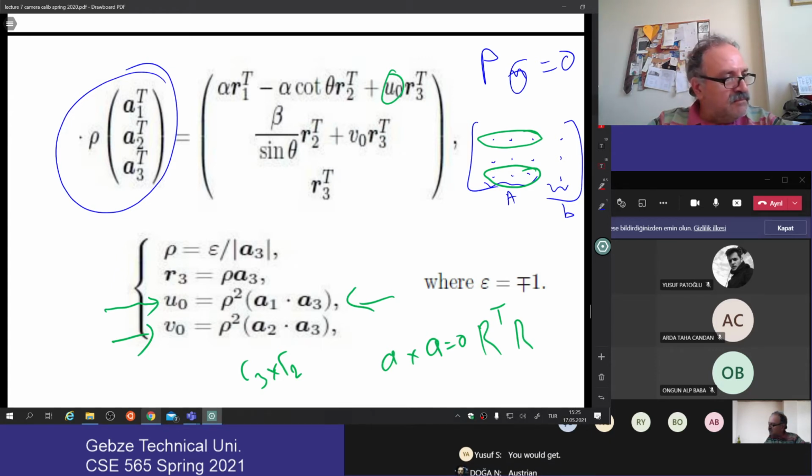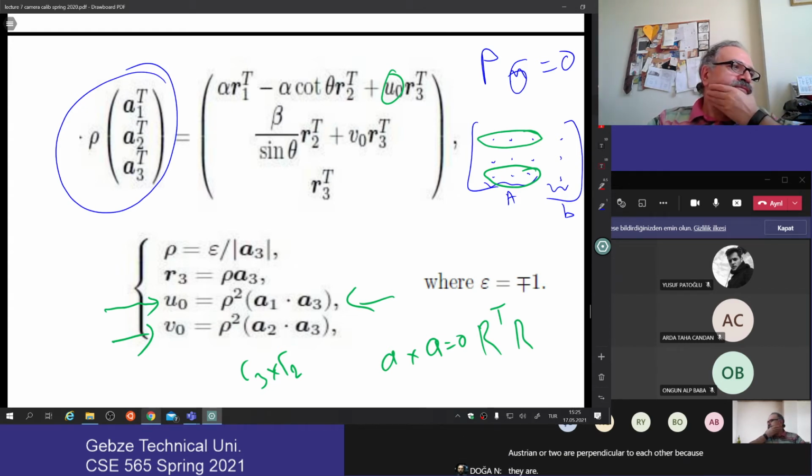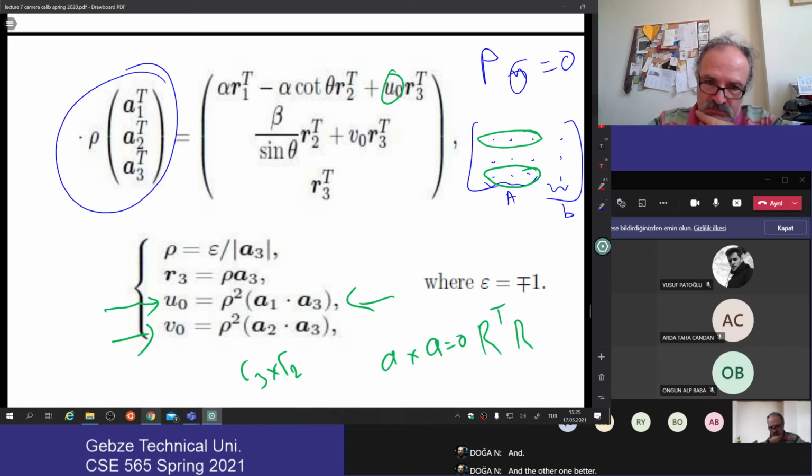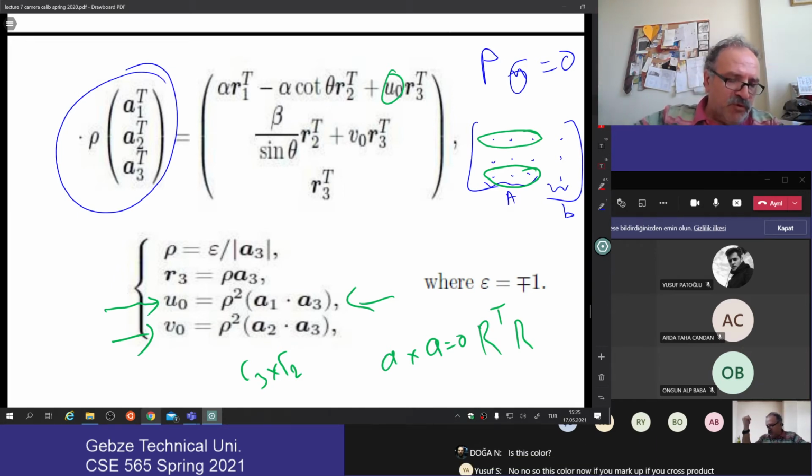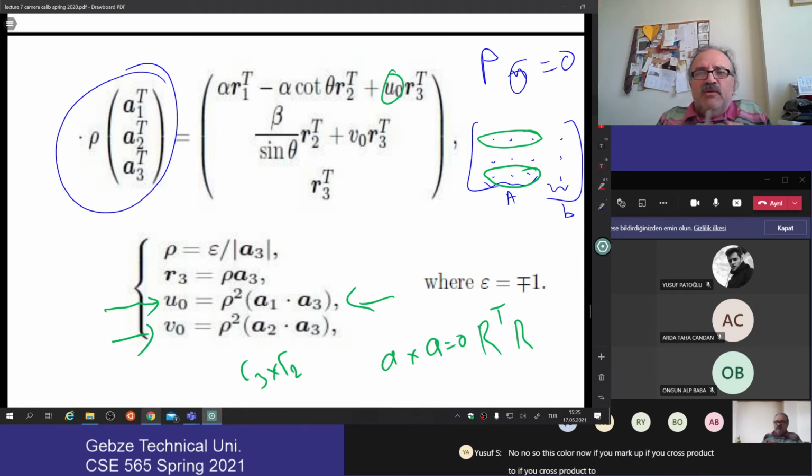R3 and R2 are perpendicular to each other because they are axes of R. No, it's not a scalar. If you cross product two vectors, you would get another vector.